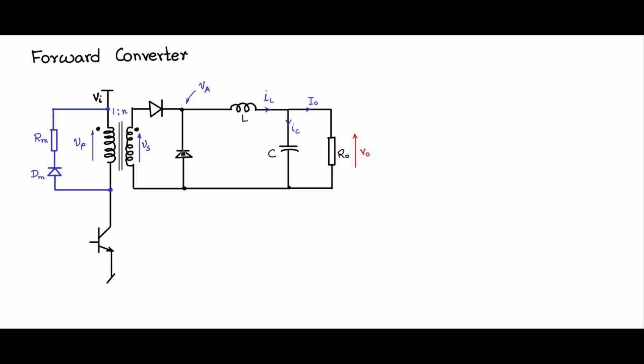So you have two switches here, two diodes. If you consider this as throw 1 and throw 2, VA would be the pole voltage, and you have the inductor current, capacitor current, I0. All this portion of the circuit, the waveforms will be very typical like the buck converter circuit that we discussed.